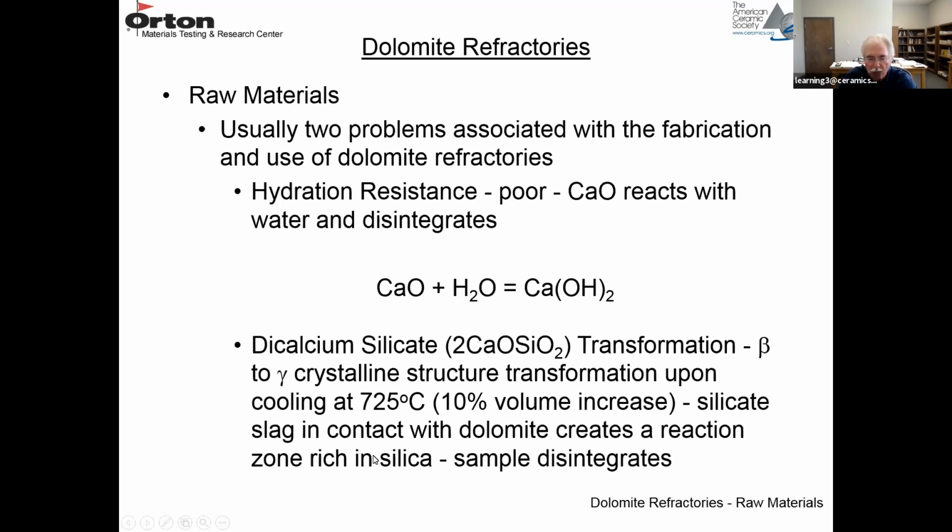And there's a silicate slag. So that slag tends to diffuse into the hot face of the dolomite refractory, forms dicalcium silicate. And if you cycle that furnace, the sample will tend to disintegrate as it's cooled down below this temperature. So two issues with dolomite. The first one is a serious issue, the hydration resistance, and this formation of dicalcium silicate if you have it in contact with a silicate slag.